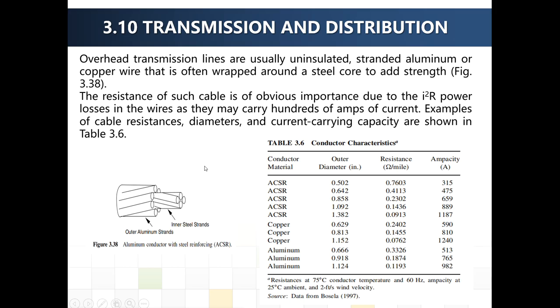The resistance of such cable is obviously important due to the I squared R power losses in the wire, as they may carry hundreds of amps of current. So the higher the resistance, the more power losses.